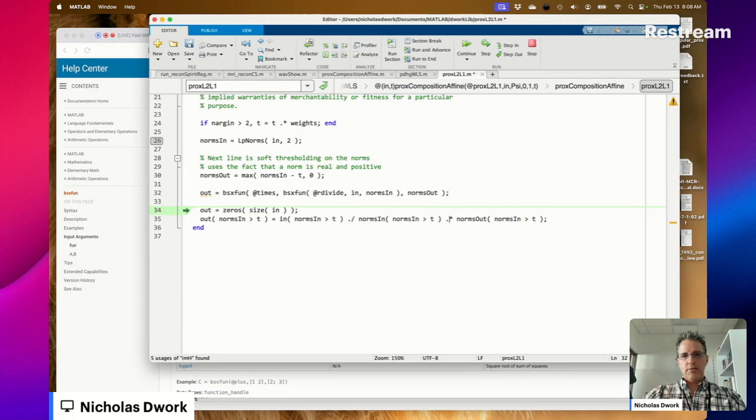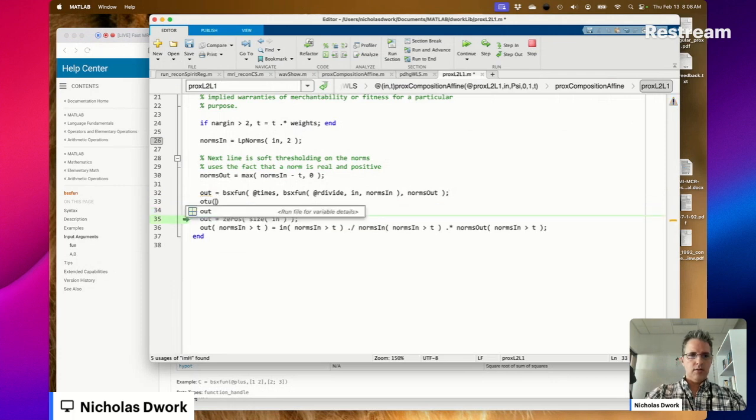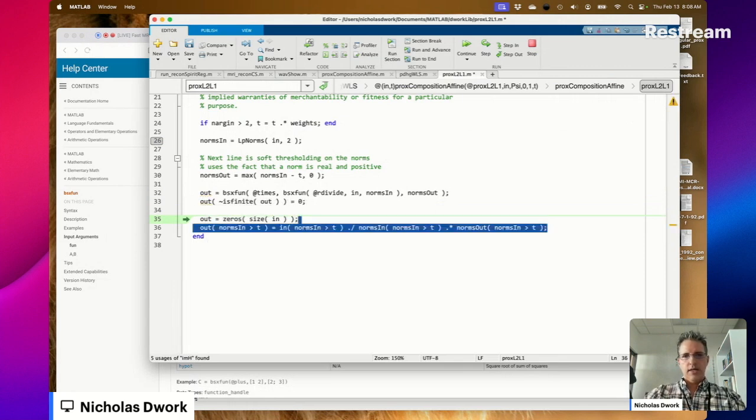So that does the operation, but now out not is finite, out equals 0. I think that does it.